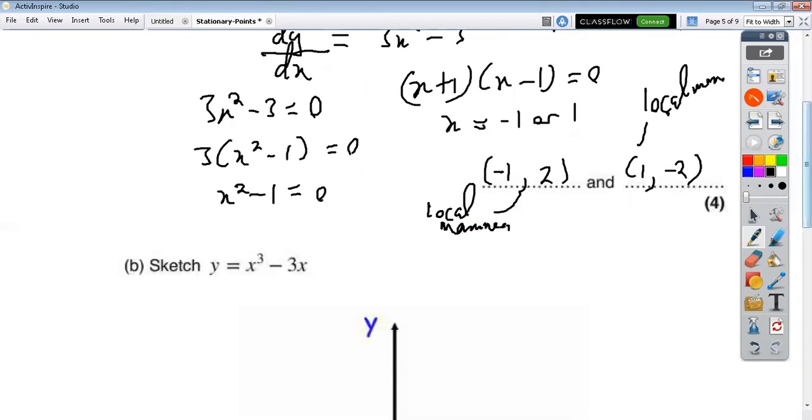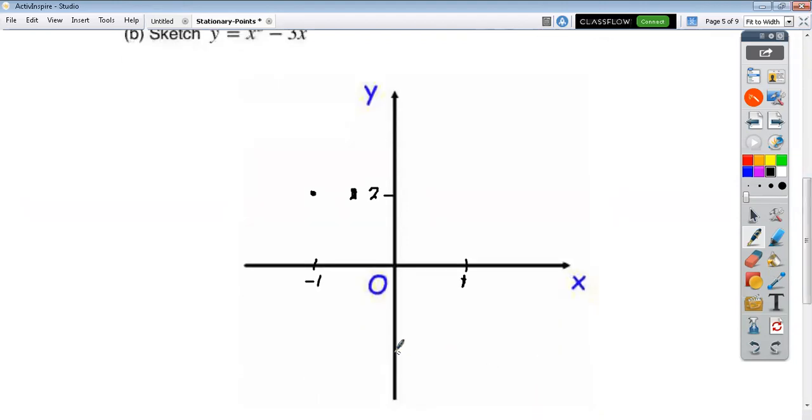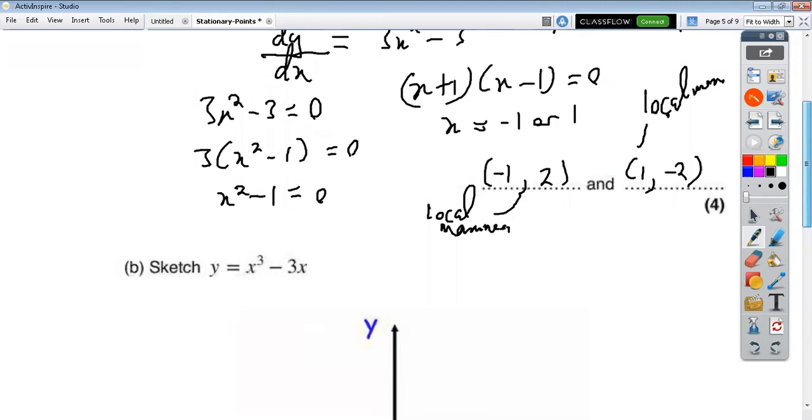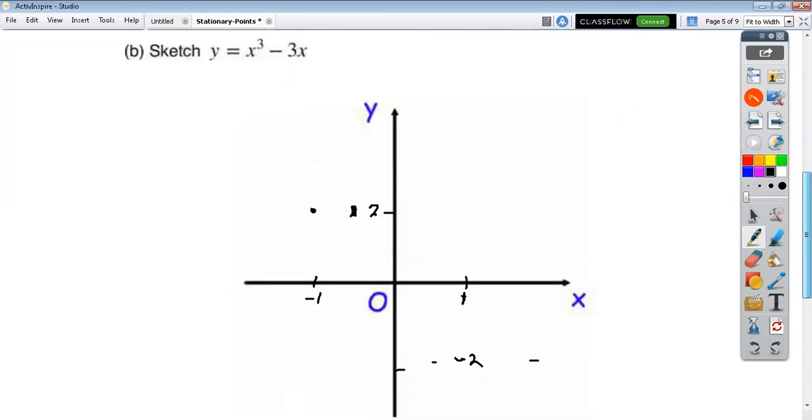So we know that the point negative 1, 2 is turning like that, a local maximum. Then we now know that the point 1, negative 2 is a local minimum, like that. Now look at this.